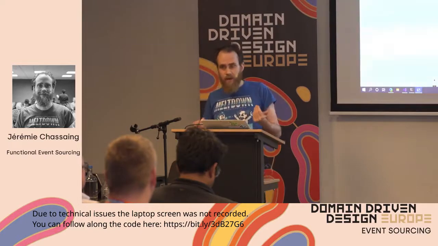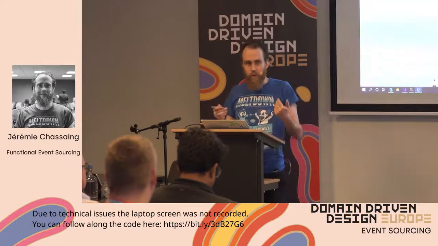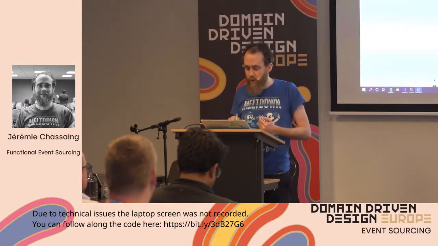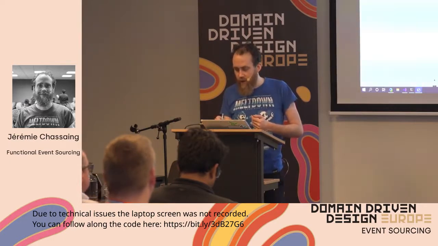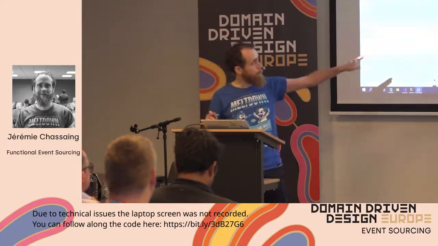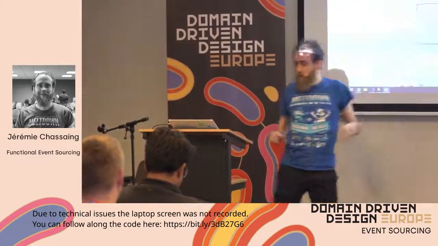Once I've done that, I will be able to use those events to compute my new state. For this, we will create an evolve function that takes an event and a state. The idea is that when this happens, and I'm in this state, here is my new state.